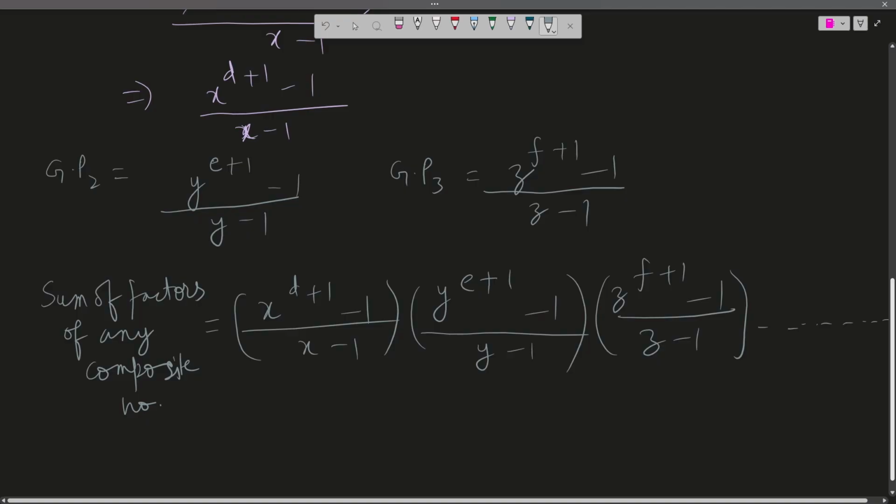For a larger number of prime bases, the formula continues, and this is the sum of factors.